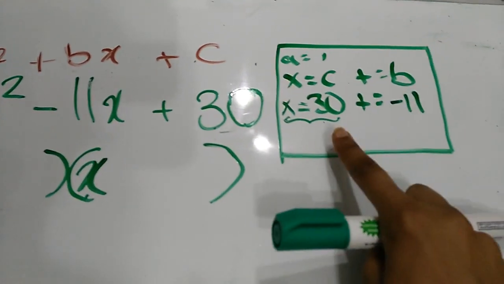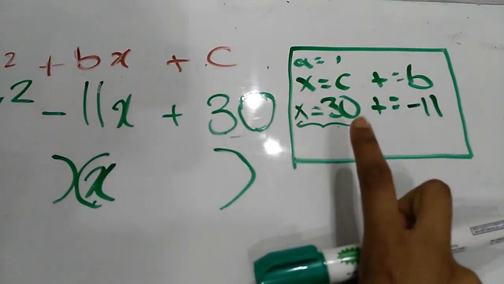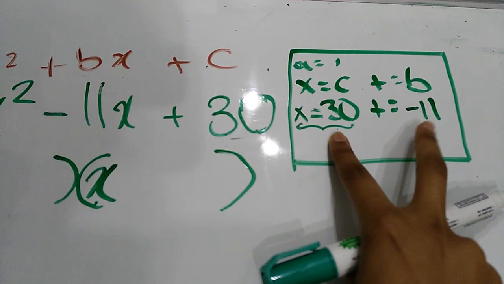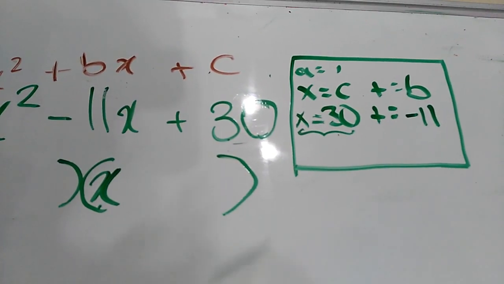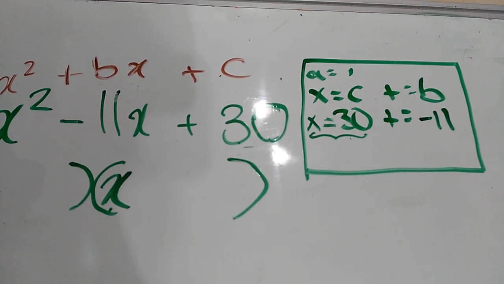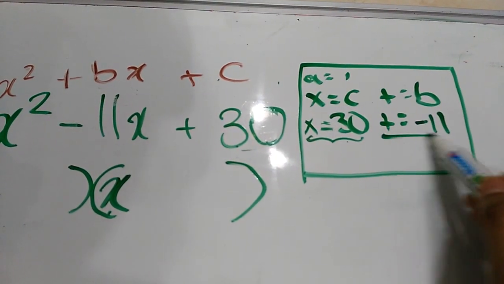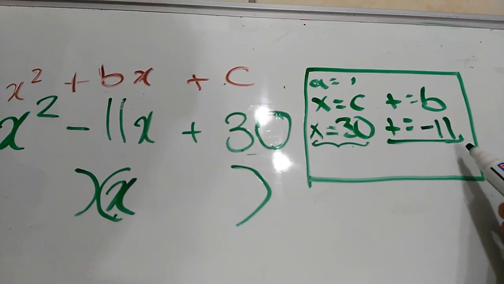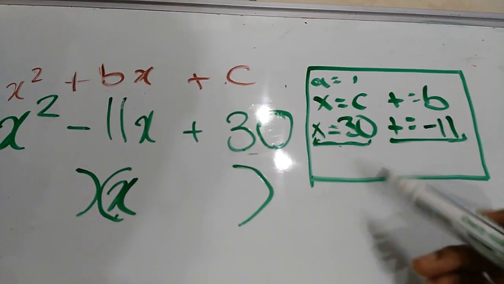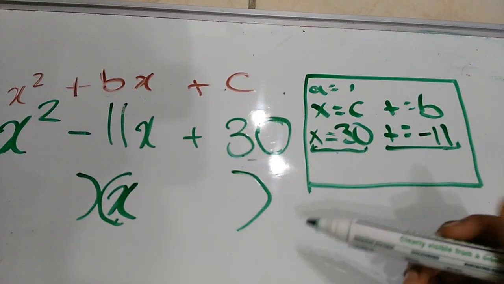Positive 30 and negative 11. In this situation, where one of the numbers is positive and one of them is negative, I need to figure out what kind of numbers I'm expecting. Since I'm adding two numbers and getting a minus, and timesing two numbers and getting a positive, I know that both my values have to be negative.